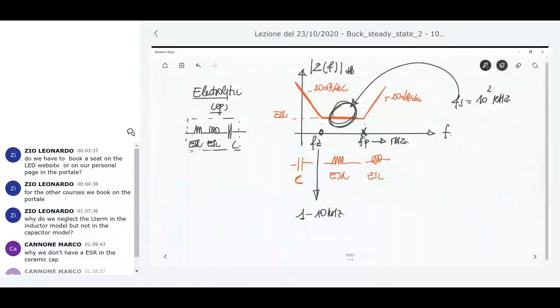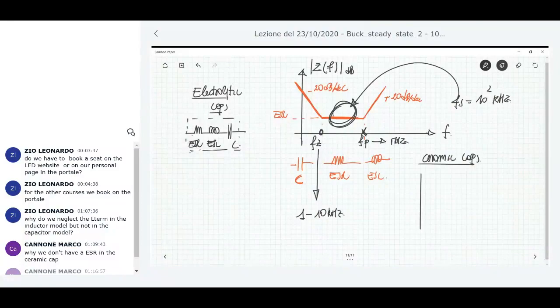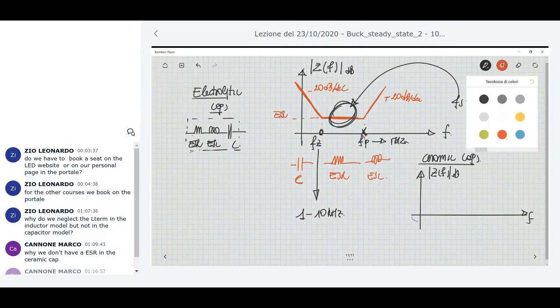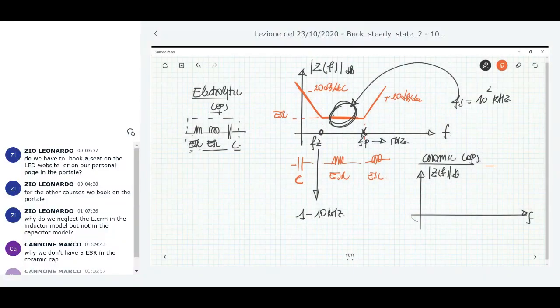What happens when you have ceramic capacitance? Ceramic capacitance behaves a little bit better, because if you look at the impedance versus frequency, you don't have the effect of the equivalent series resistance.